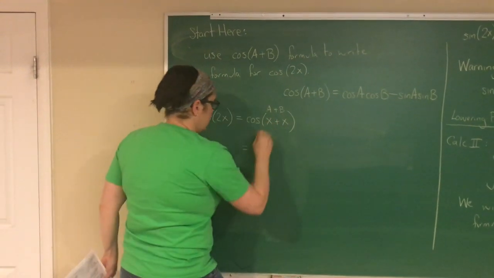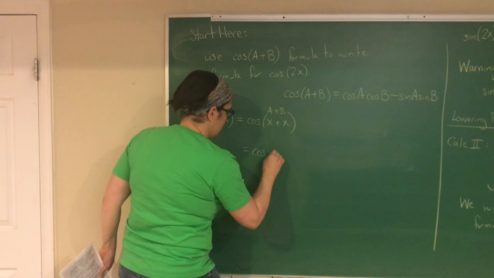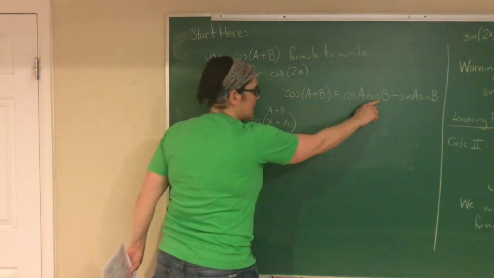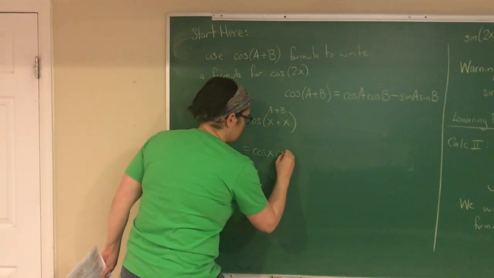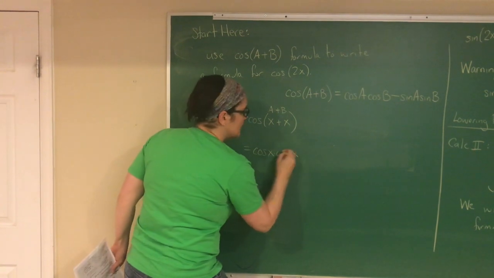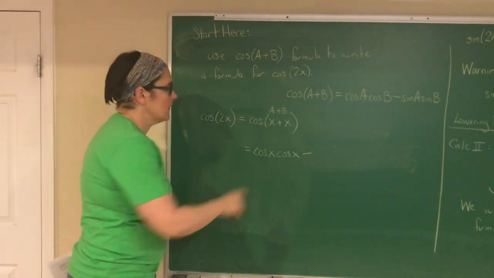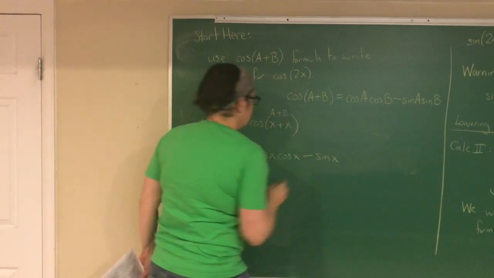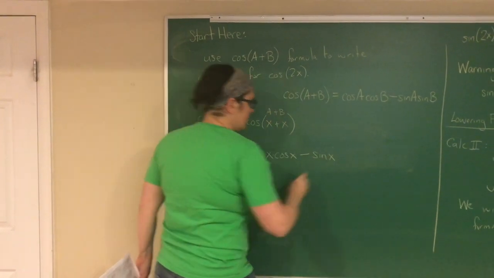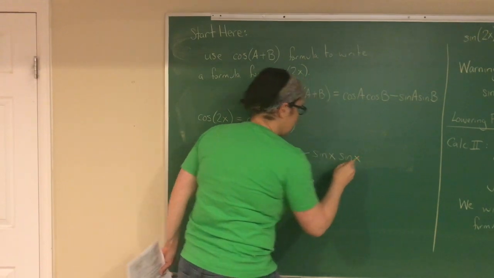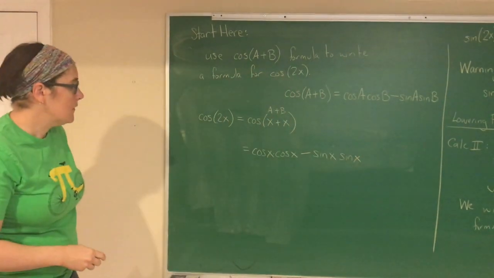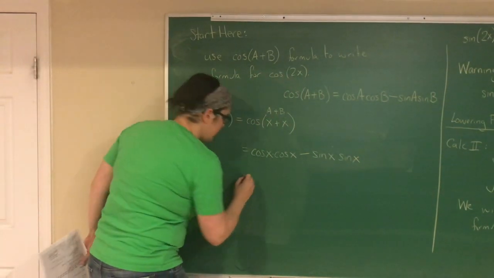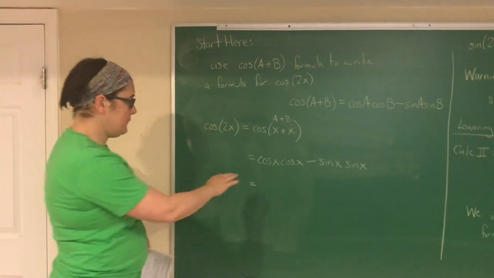So we have cosine of a, which in this case will be cosine of x, times cosine of b, well that's also cosine of x, minus sine of a, so that will be minus sine of x, times sine of b, well that will also be sine of x. Okay, so I've written all this stuff down, and I'm going to simplify things a little bit.